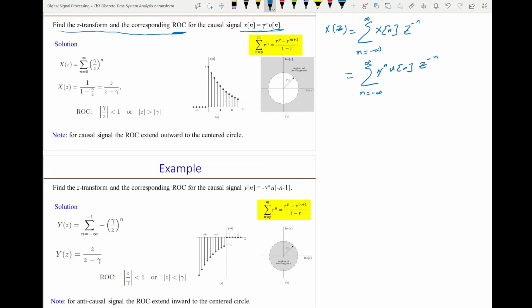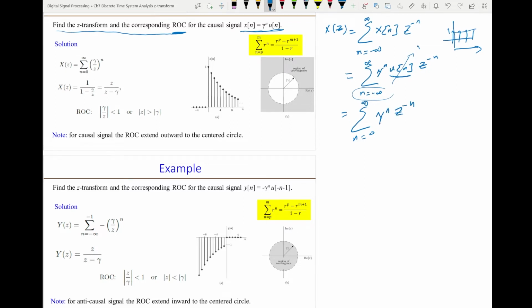Now, u of n is a unit step function that exists only for positive n. So that will determine this limit. So this limit will start from n equals 0 to infinity. And in this interval from 0 to infinity, it's just 1, so I don't need to write it. So this will be just the sum of gamma to the n times z to the minus n.